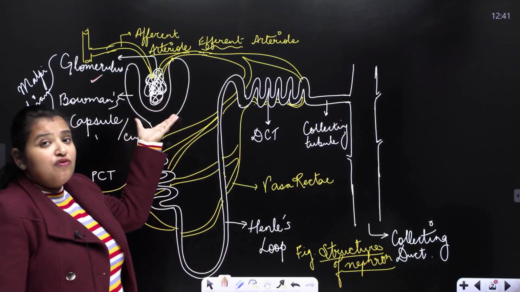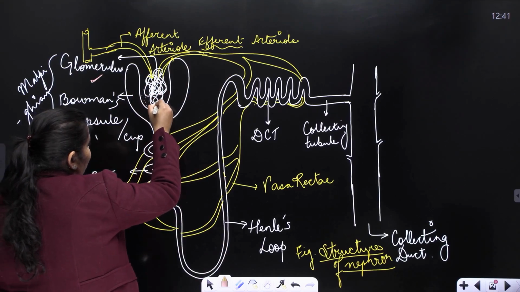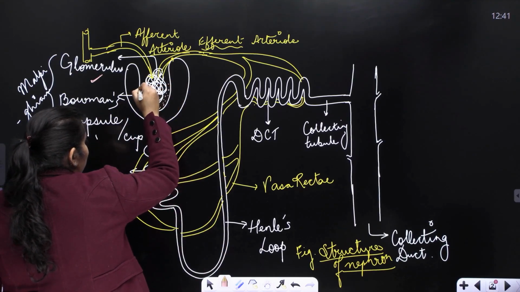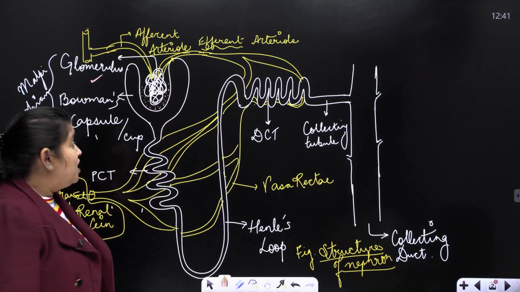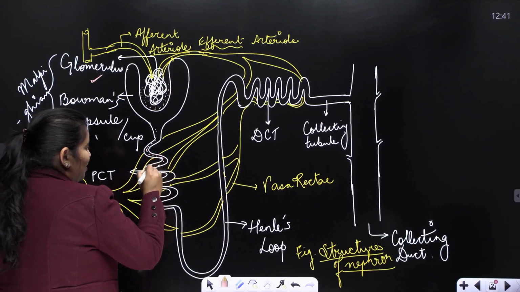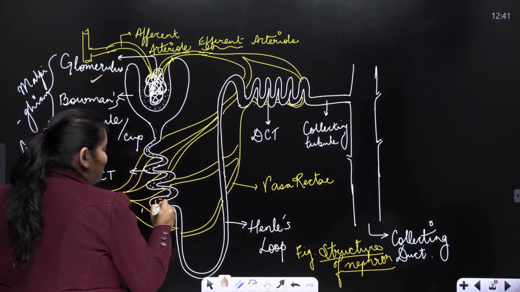But now the filtrate gets collected here in the Bowman's capsule. All right, the filtrate gets collected here in the Bowman's capsule. This filtrate now moves down into the PCT, where the second step of urine formation takes place.